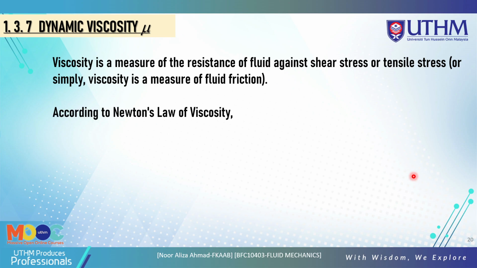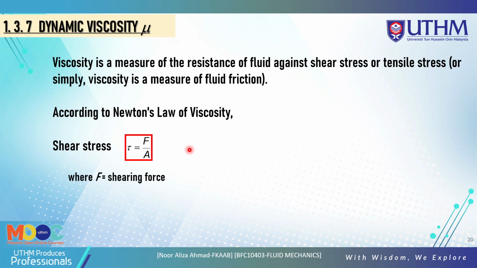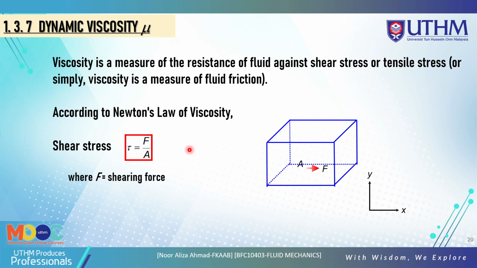Now we look at the dynamic viscosity. Dynamic viscosity is the measure of the resistance of fluid against shear stress or tensile stress, or simply viscosity is the measure of fluid friction. According to Newton's law of viscosity, shear stress is equal to F, the shearing force, divided by the area.